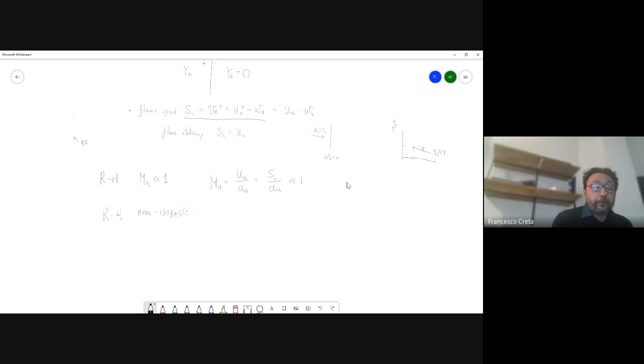We can see this if we consider the momentum equation in one dimension at steady state. We take the bare minimum for the conservation of momentum, which you can write down very easily as rho u du/dx equals minus dp/dx. The gradient in pressure with a minus sign is equal to the rho u du/dx term.